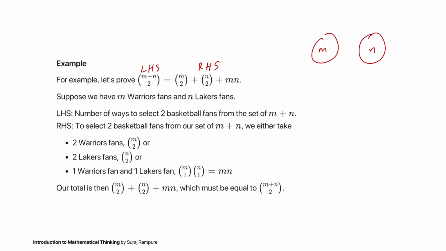Either we choose 2 Warriors fans, or 2 Lakers fans, or one of each. Is that clear? Since we have a pool of m plus n in total, we're going to choose either 2 from one group, 2 from another, or 1 from each. Any questions with that?